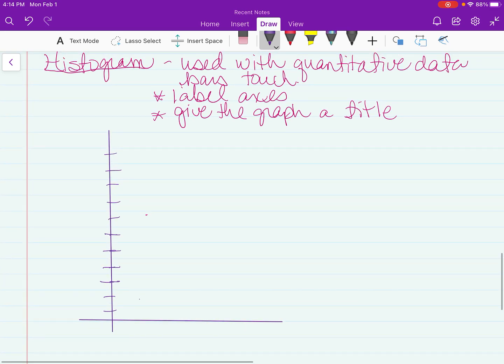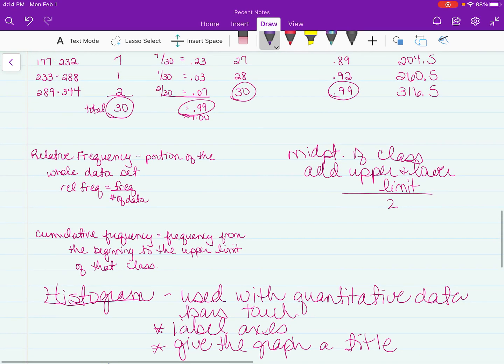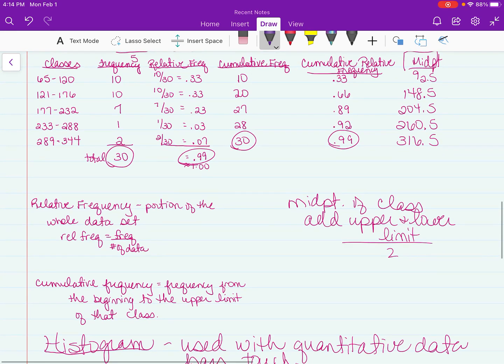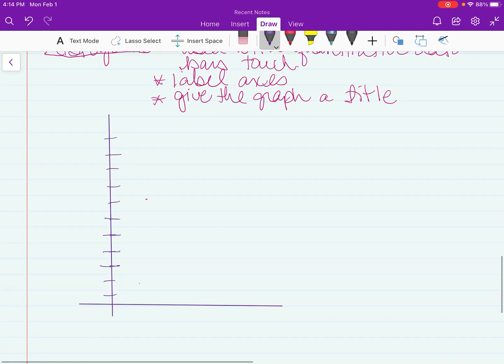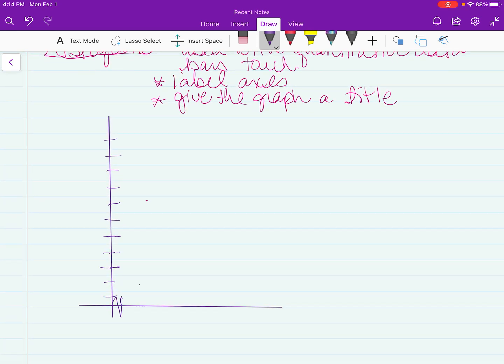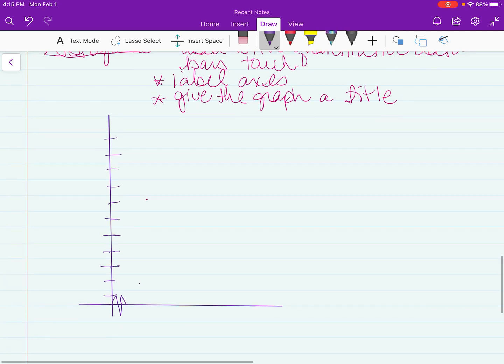Now, because my first class starts at 65, I'm not starting at 0. I'm going to use this little symbol that kind of means that the graph has been scrunched up.